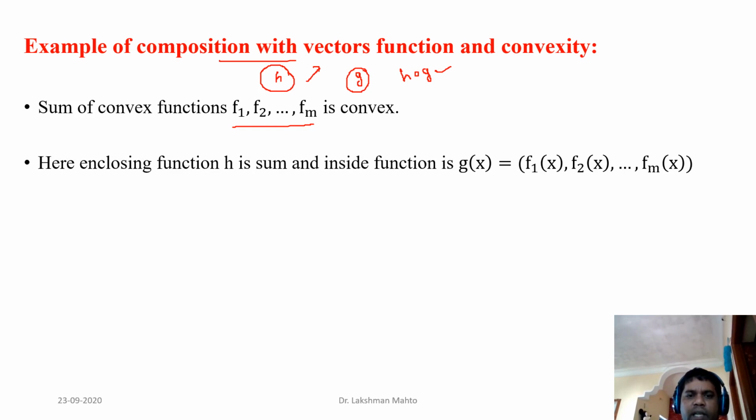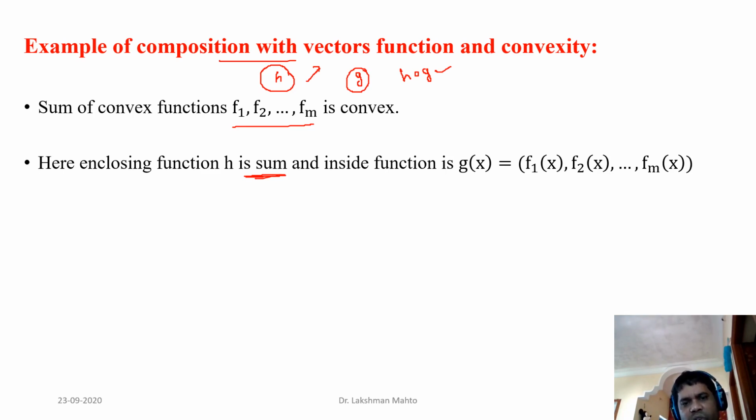So I will convert this result, that a sum of convex functions is convex, in terms of this criterion. How? What is h? H is actually the sum. If you define the sum of functions, it is talking about one function, the sum function.